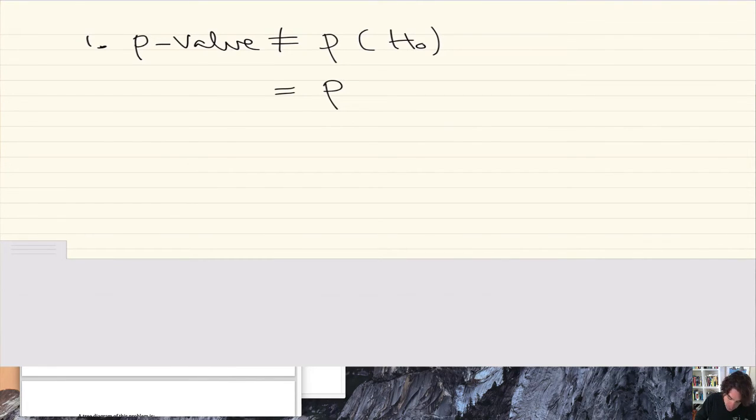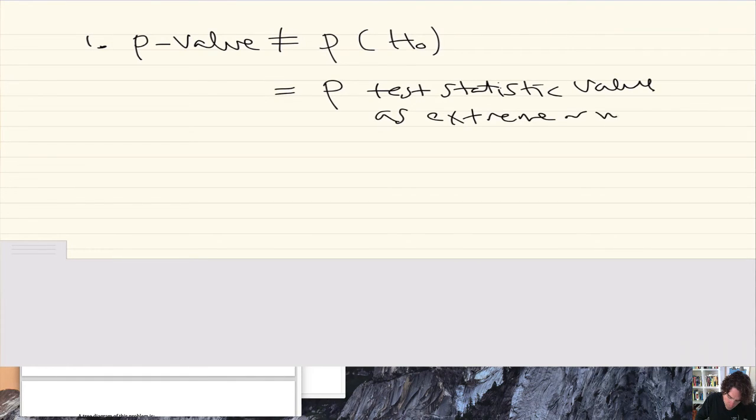So it's the probability of the test statistic value as extreme or more extreme under the assumption that the null hypothesis is true, that H naught is true.